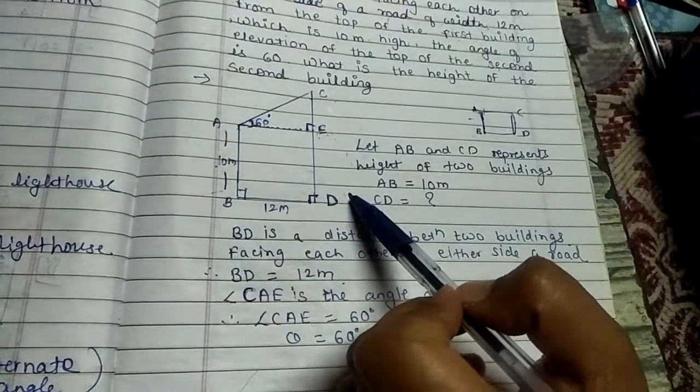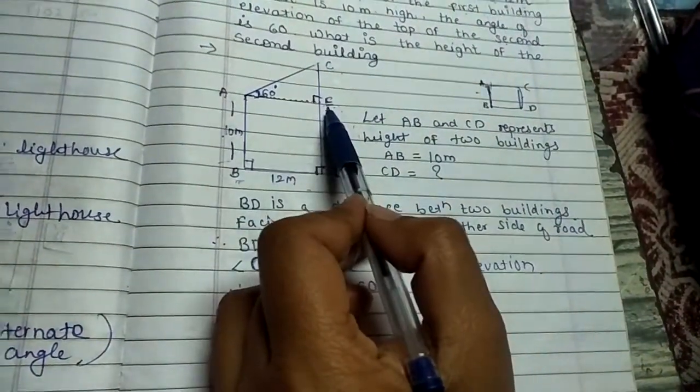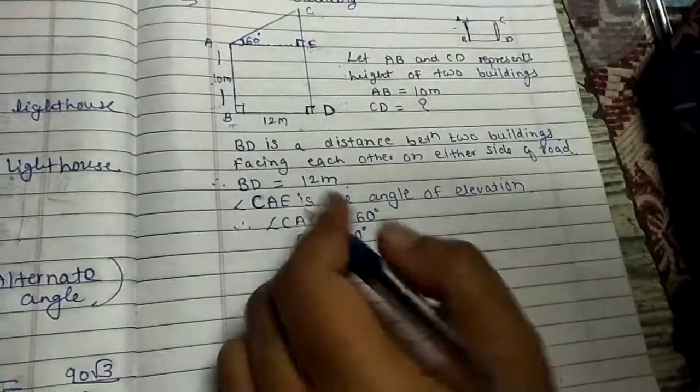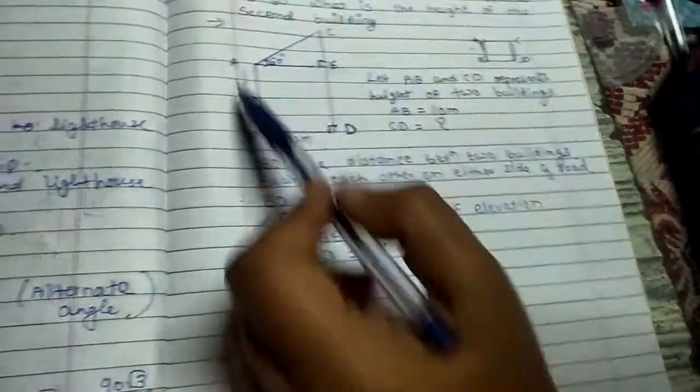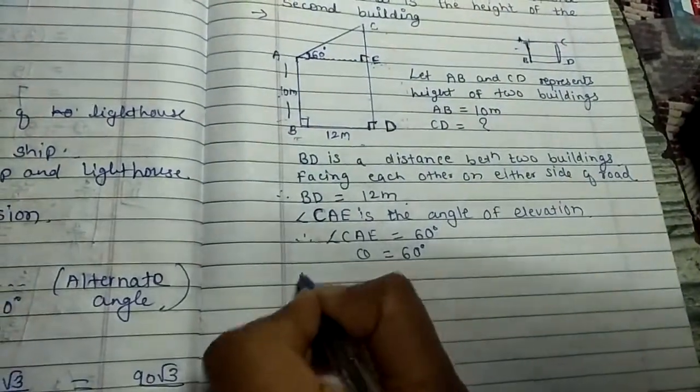And BD is 12 meter, then AE is also 12 meter. Why? Because these two are the opposite sides of the rectangle. So first we say that quadrilateral ABDE is a rectangle.